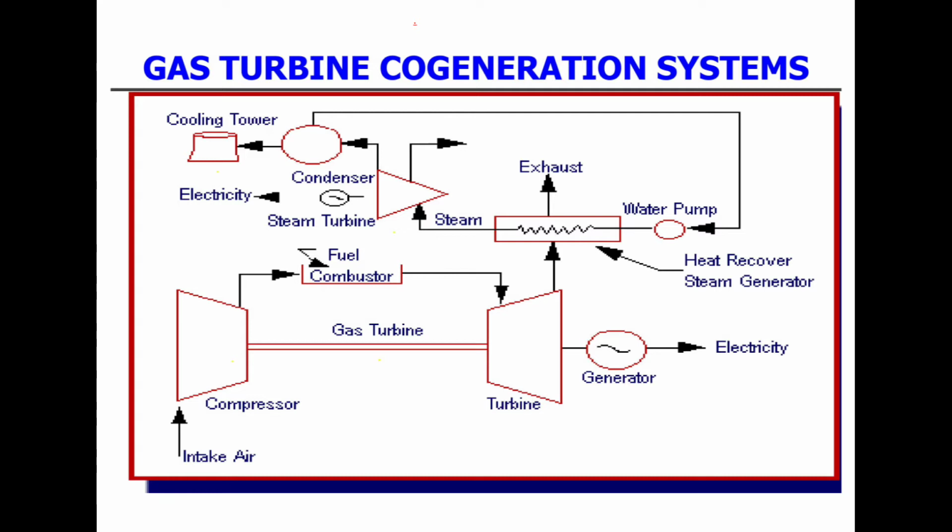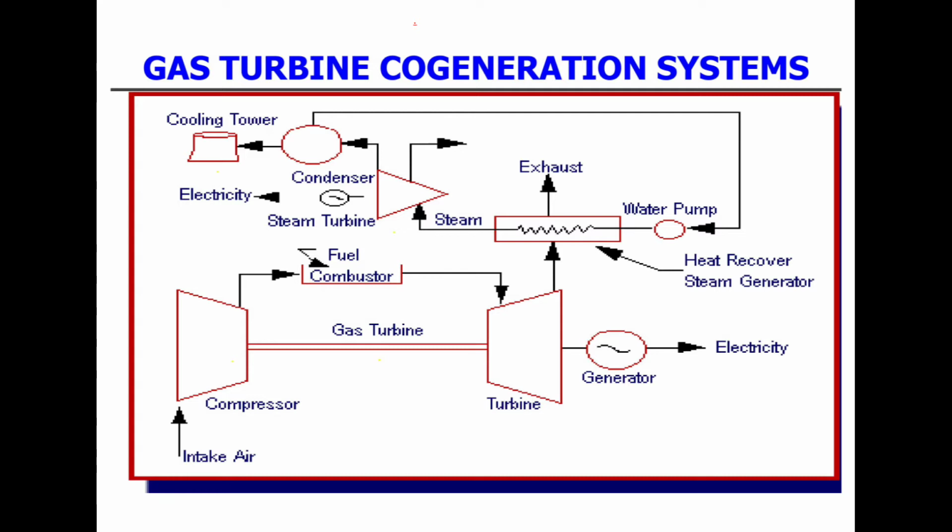exhaust and the water pump area, and then the compressor and the turbine are combined together, and the fuel combustion chamber is also located near the compressor and the turbine. The intake air passes through the compressor.